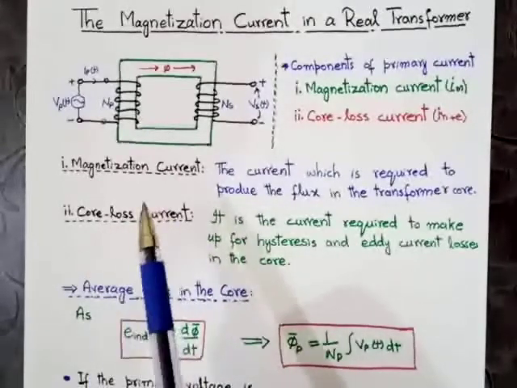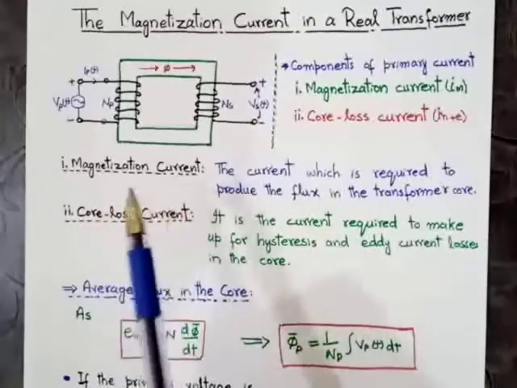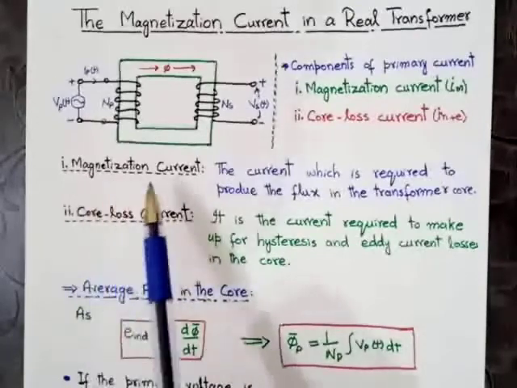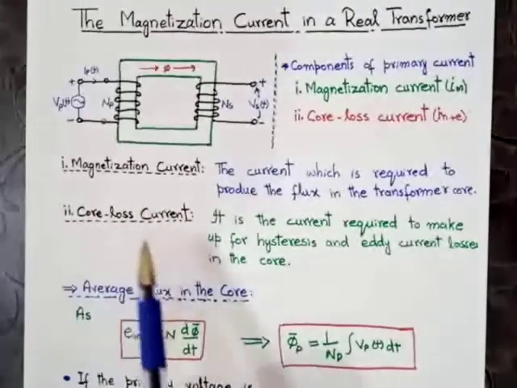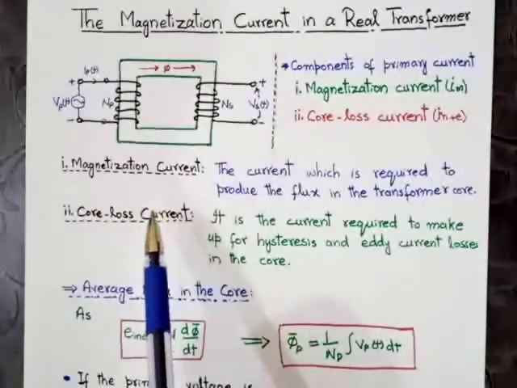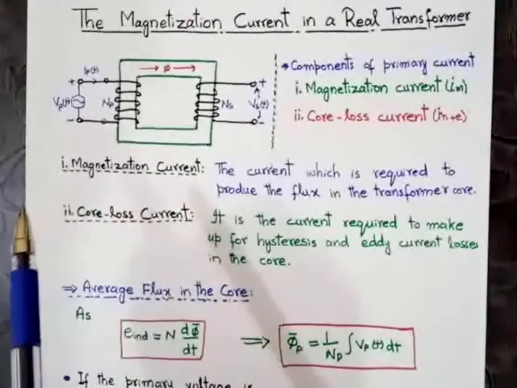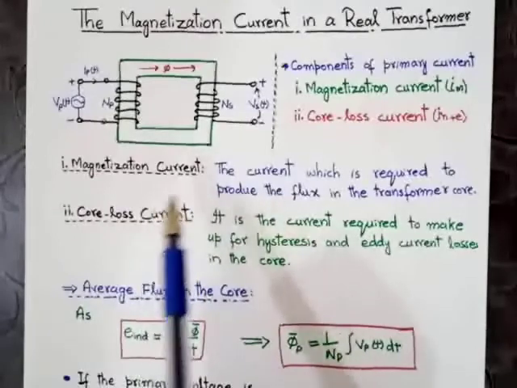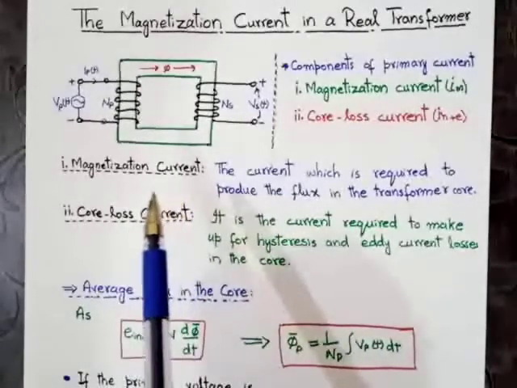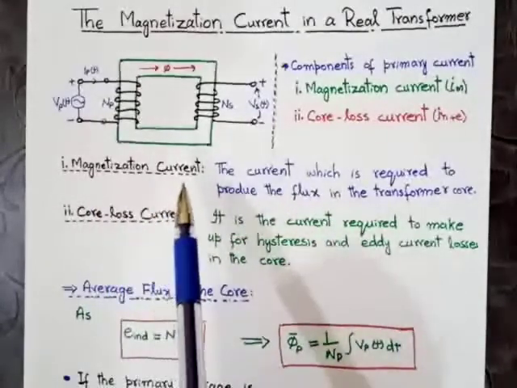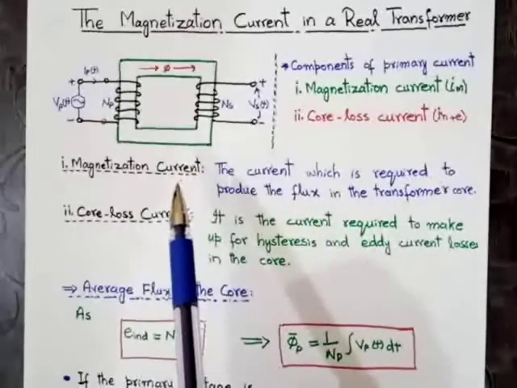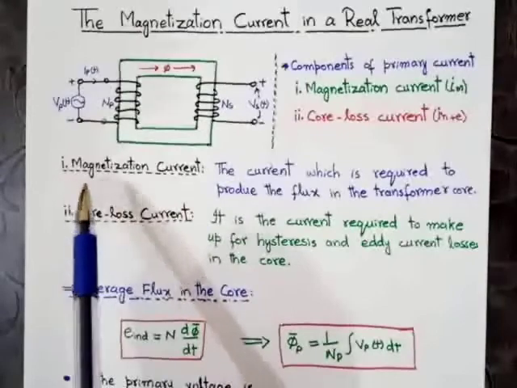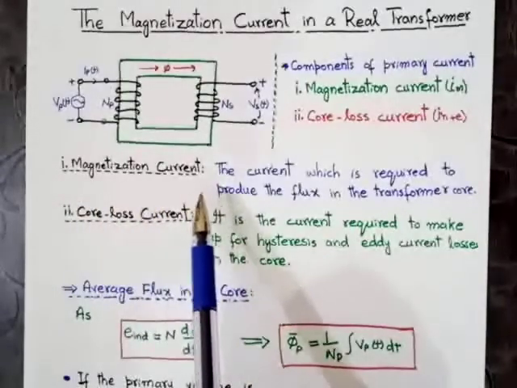Now we will discuss the behavior, or the waveform, of the magnetization current and core loss current. First of all, we will discuss the shape of the magnetization current Im.